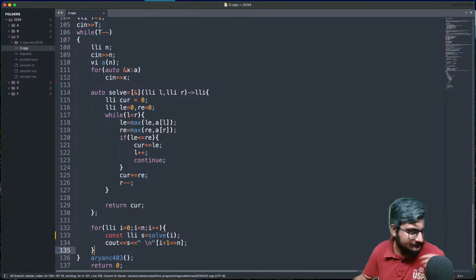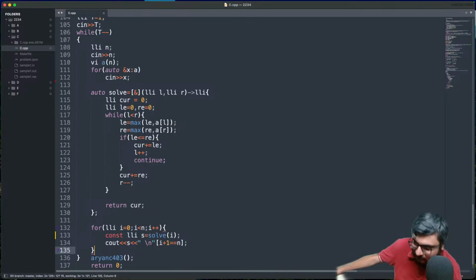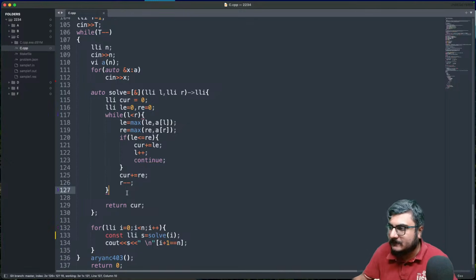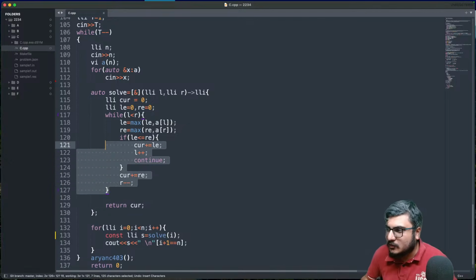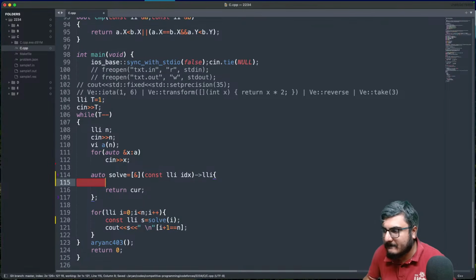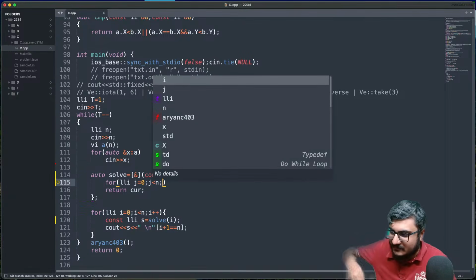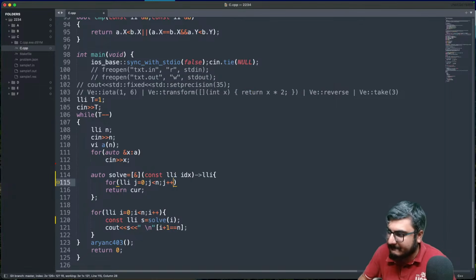Now I have I. We want to keep IDX empty. Now let's go n times to the right side.